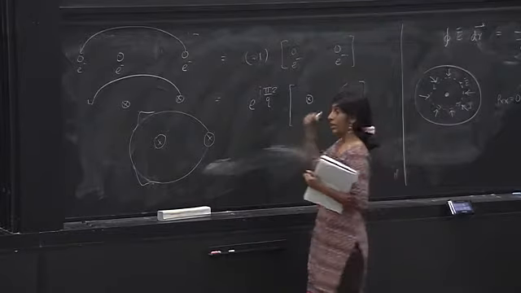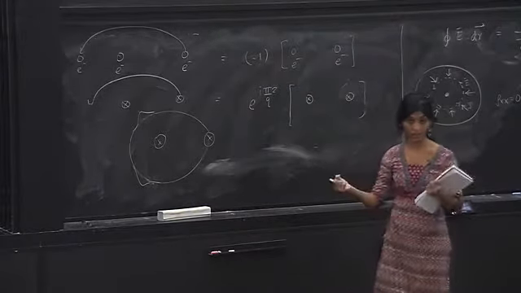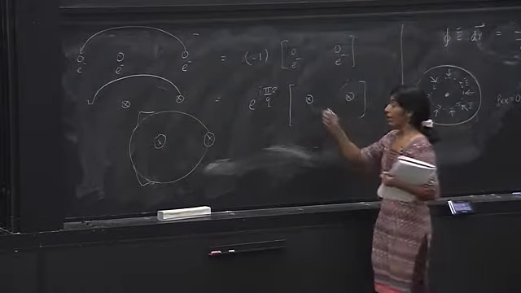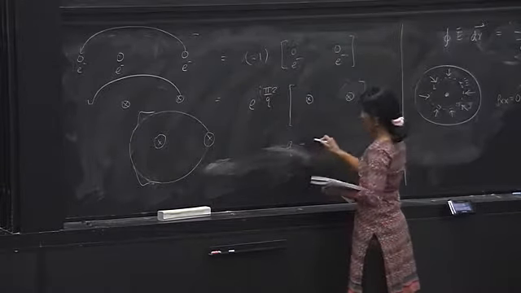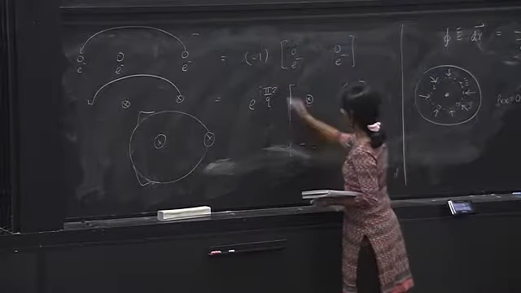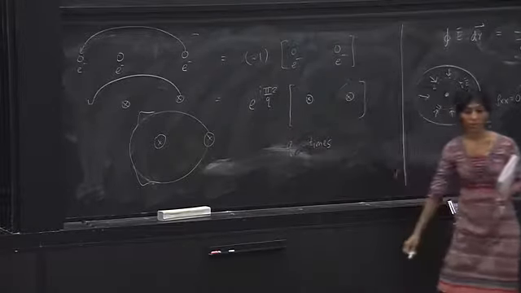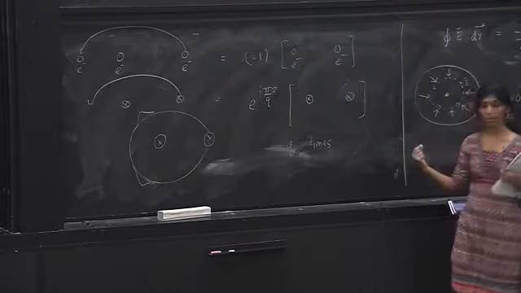So in a boson or a fermion, you take it around once, and the wave function comes back to itself. In an anion, you need to take it around q times for it to come back to itself. Q exchanges are necessary before a system comes back to itself.